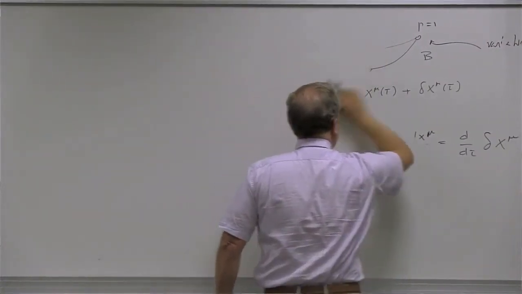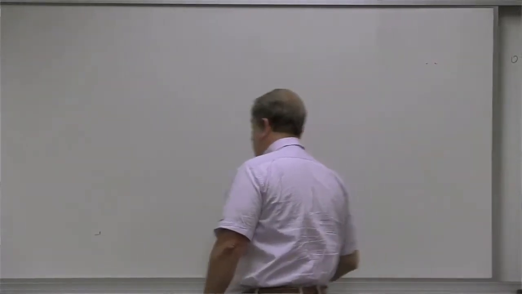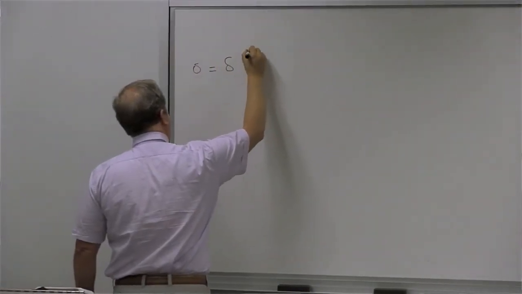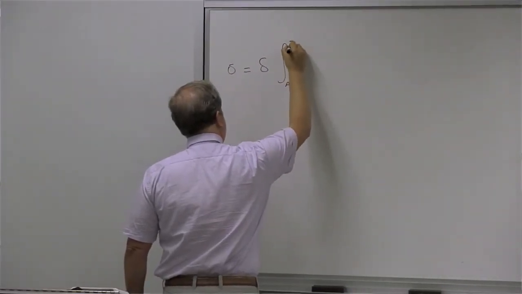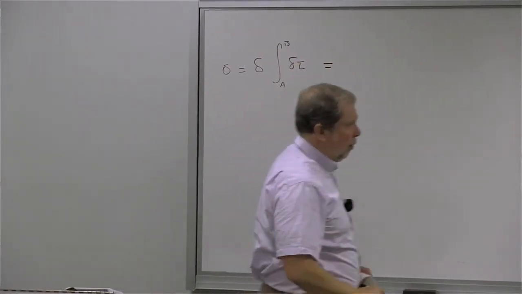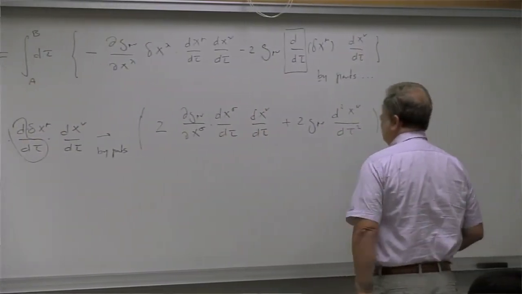So we collect everything, and we have that, so that's 0, which is the variation of the integral between a and b in d tau. So that is equal to 3 terms. So the first term is this one, and then we have these 2 additional terms.